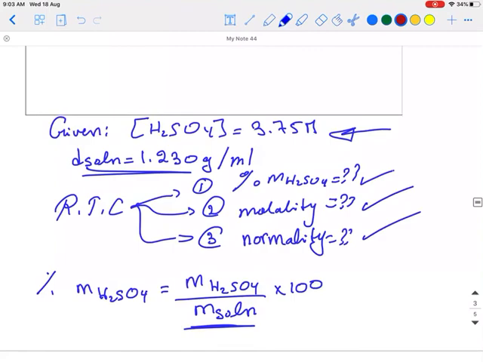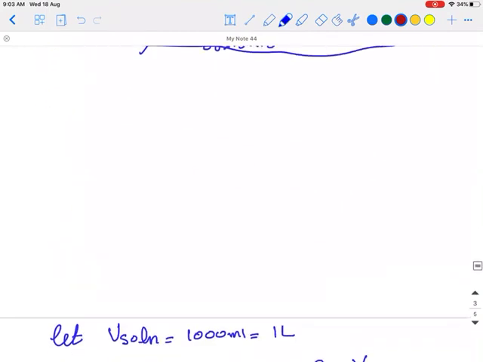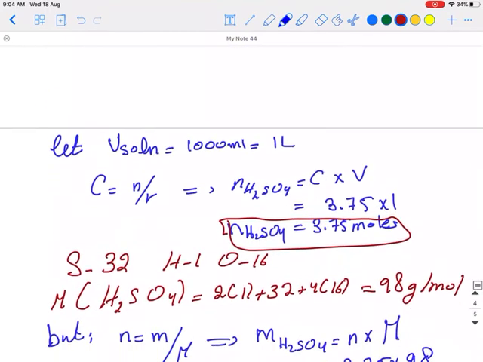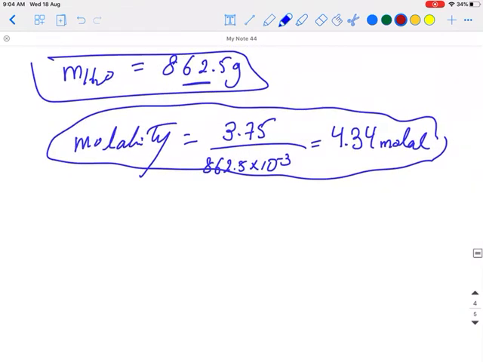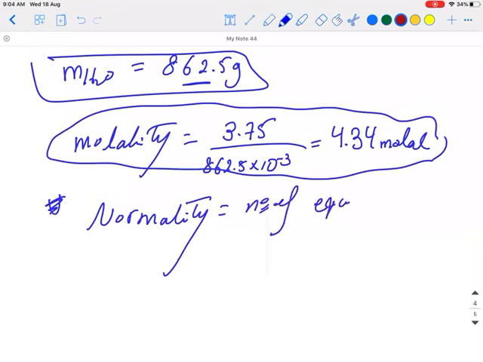The third requirement is to find the normality. By definition, normality is equal to the number of equivalents per liter of solution.